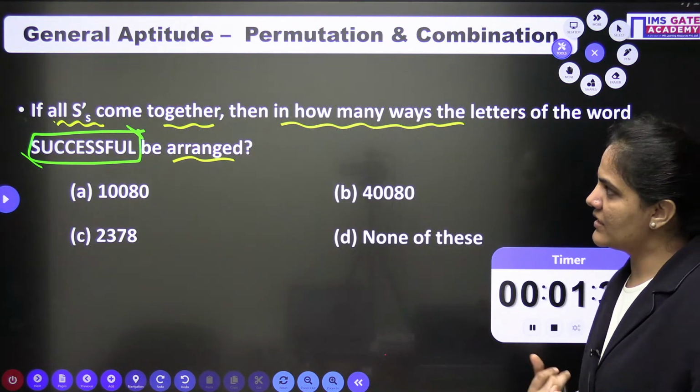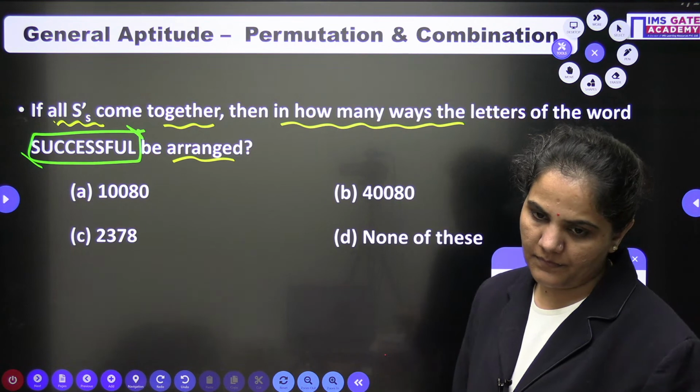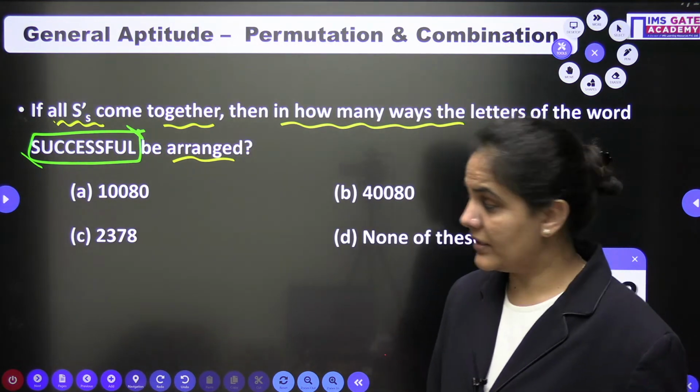If all S come together, then in how many ways can the letters of the word successful be arranged? All S together. We are having options.